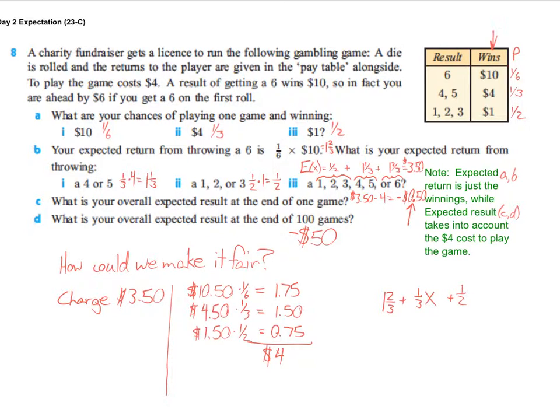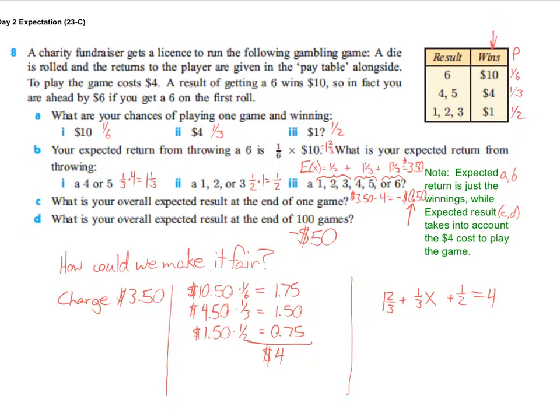Okay, so you see we're changing the payoff for that rolling a 4 or a 5. Okay, what would we want this to equal though? 4. Okay, we'd want it to equal 4. So we work this out.